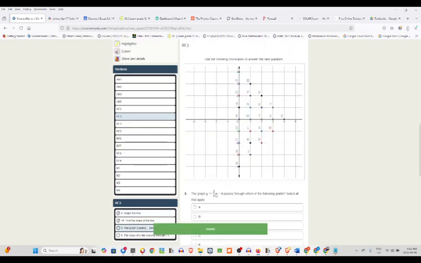Now the graph, y equals 3 halves x minus 4, passes through which of these points? Well, that negative 4 tells us the y-intercept is minus 4, so that gives us point A. Slope of 3 over 2 means it rises 3 and goes right 2. So 1, 2, 3 over 2, boom, boom.